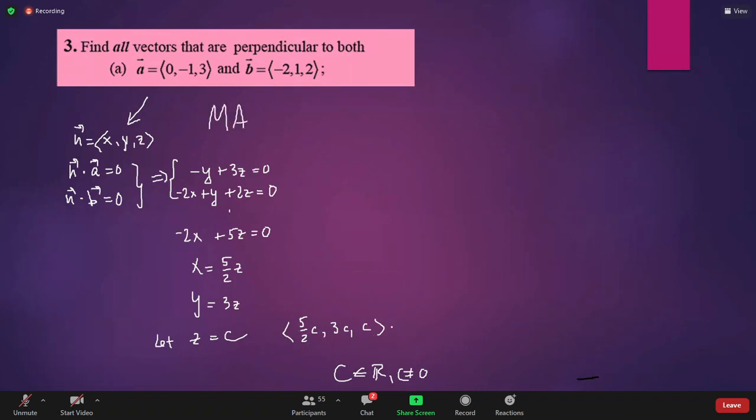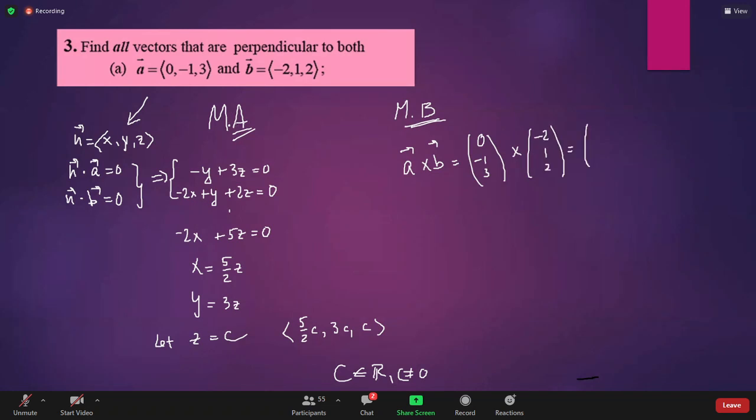Method B would be if we find just one vector, that is the vector product A times B. That is (0, minus 1, 3) times (minus 2, 1, 2). Let us eliminate the first coordinates: we have minus 2 minus 3, that is minus 5.